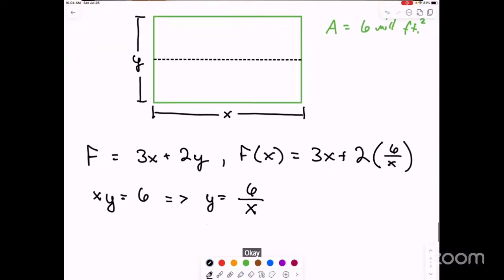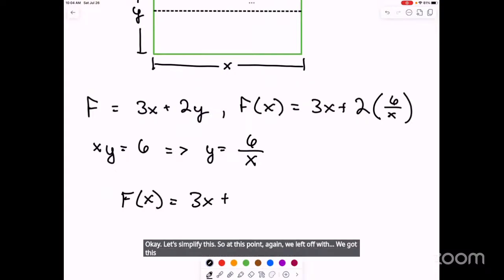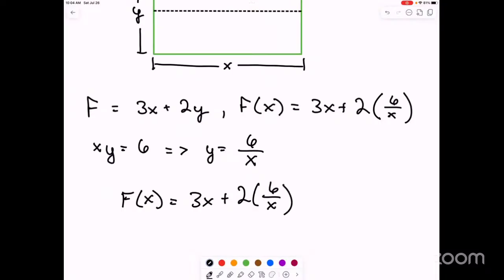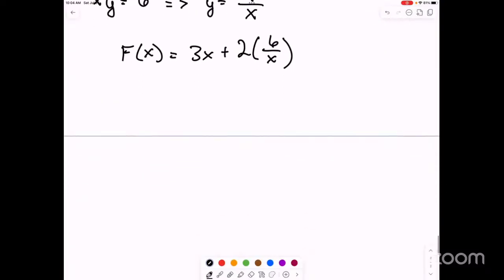Okay. Let's simplify this. So at this point, again, we left off with this 3x plus 2 times 6 over x. Six times 2 is what, 12? X squared.